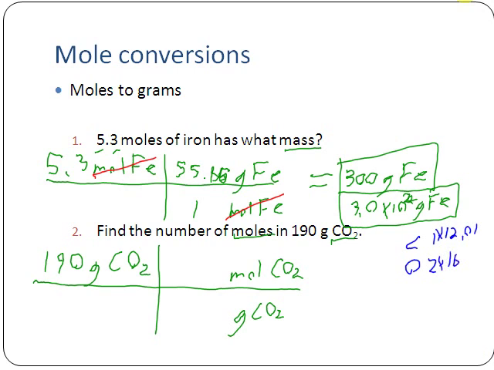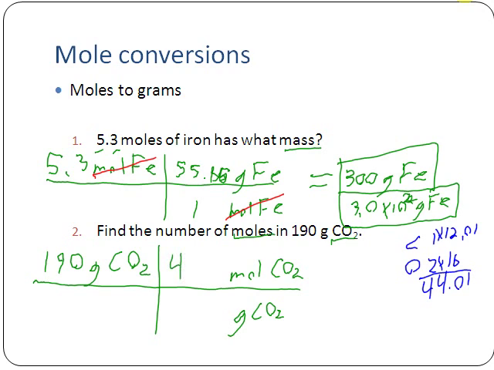Oxygen has a mass of 16. So if we add those 2 up, 1 times 12.01 is just 12.01, plus the mass of the oxygen, 2 times 16, that's 32. And so when doing this, we end up with 44.01. So that's going to be the mass in grams per mole of carbon dioxide.